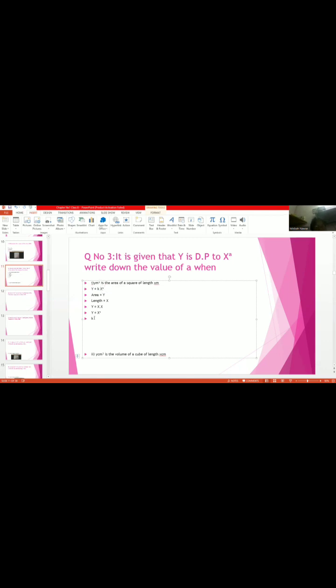Look here, kx^n is equal to kx square. So k will cancel with k. So x raised to power n is equal to x raised to power 2. This means n is equal to 2.